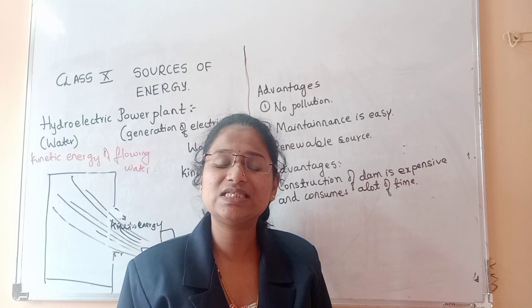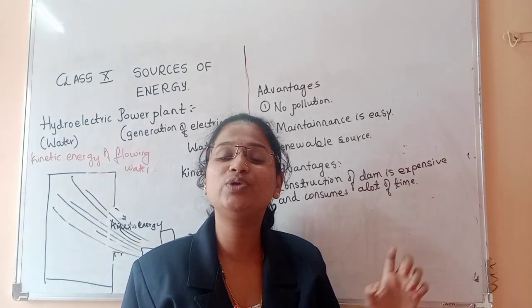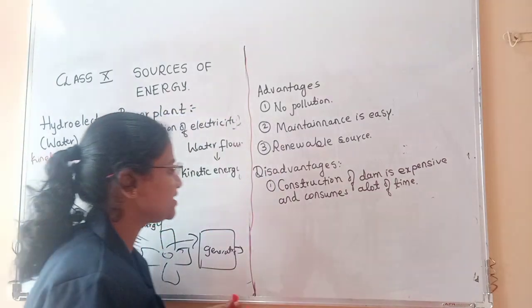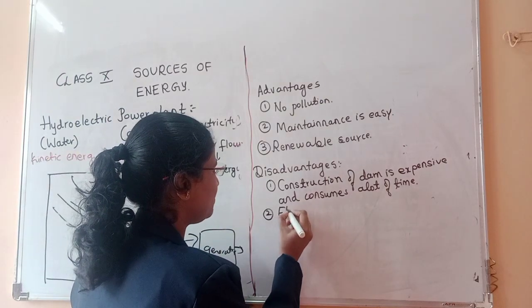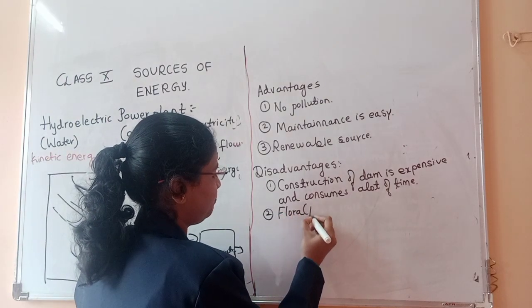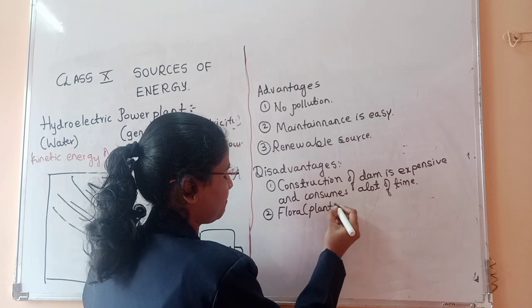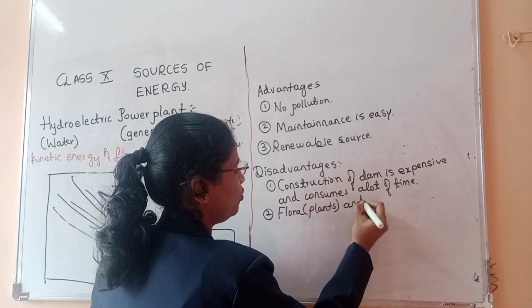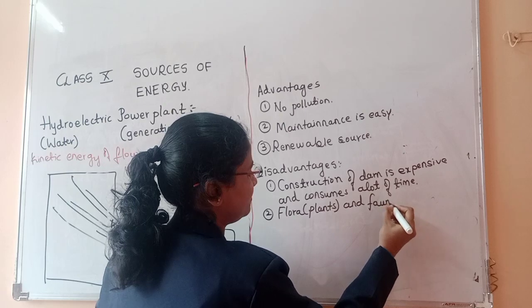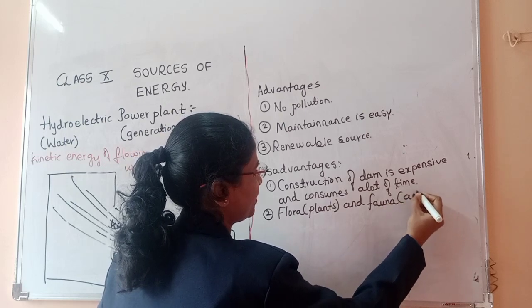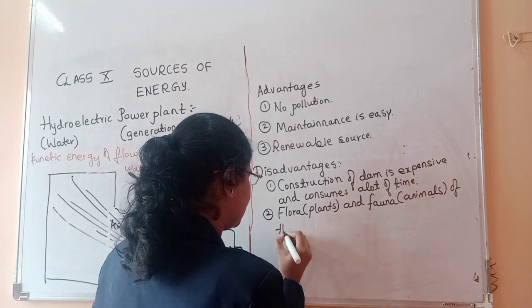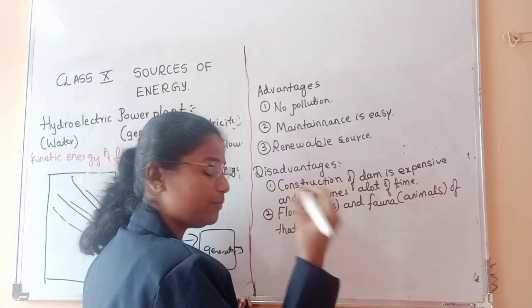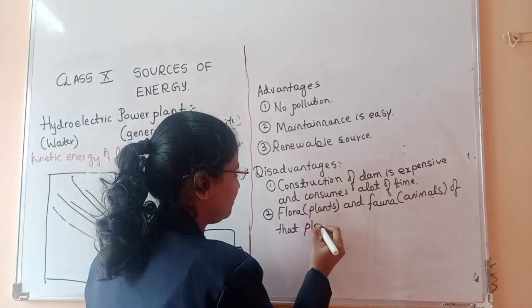So we will disturb the flora and fauna of that place. Flora means plants, fauna means animals. The plants and animals of the place where we construct the dam will be affected.